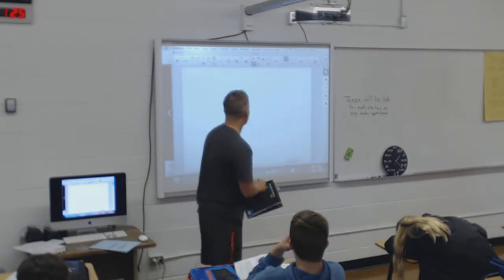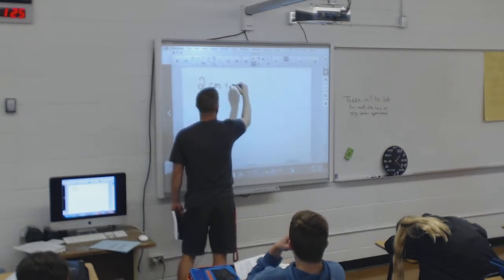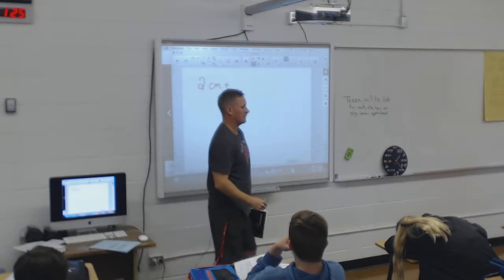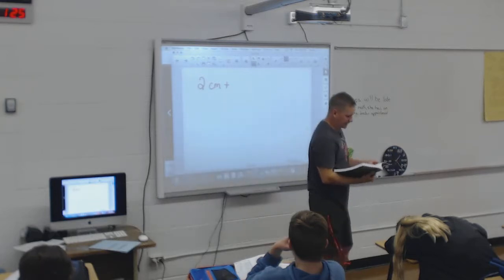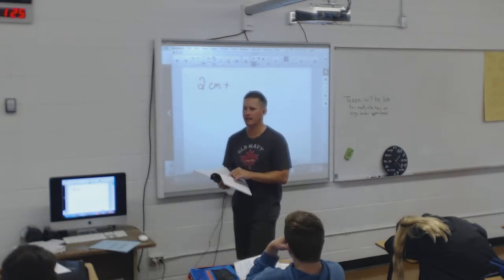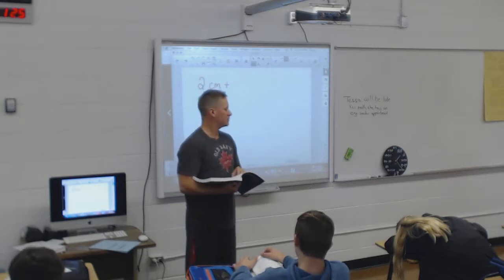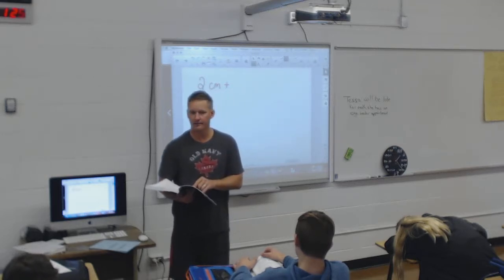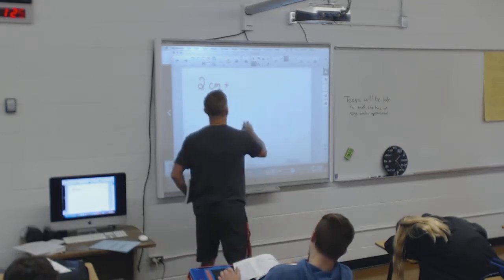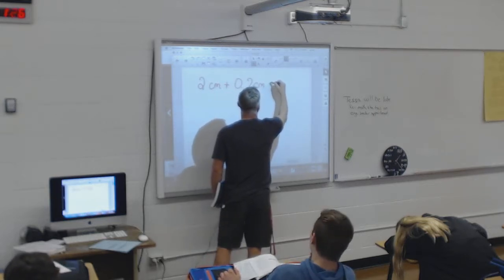So that means it's at least 2 centimeters plus. Now we look at that same 0 there, and let's find out how many tenths of a centimeter it is. So how many tenths of a centimeter is it? 2 plus a little bit, right? We agree? So then that means that I've got 0.2 centimeters as well.